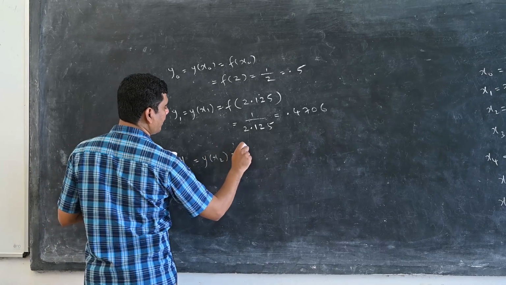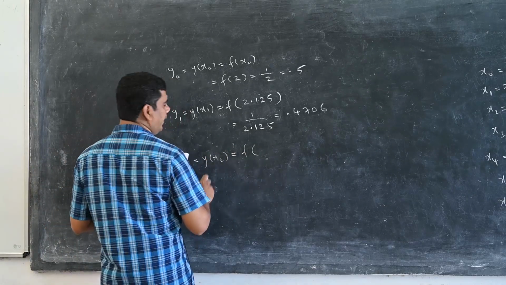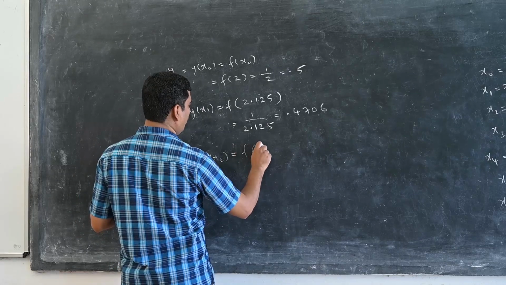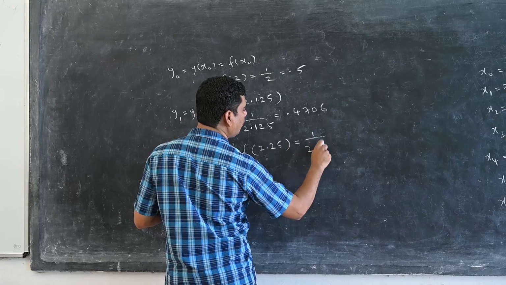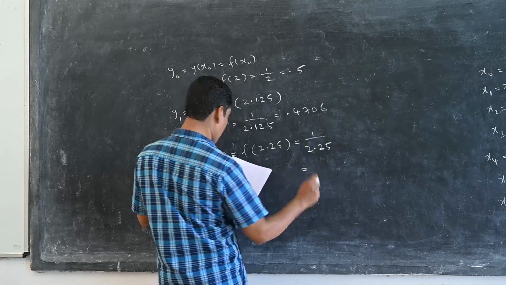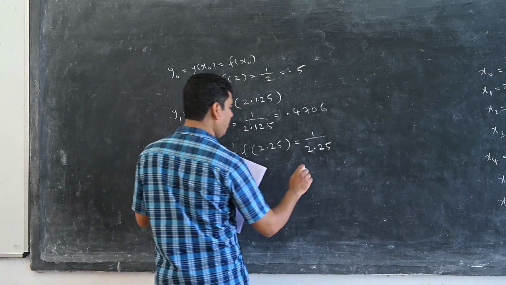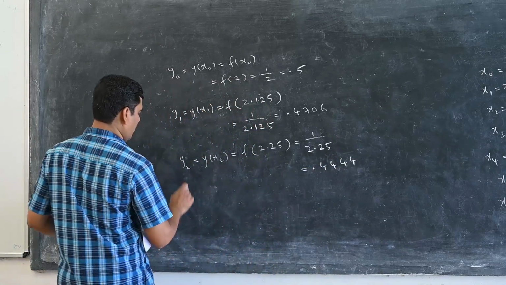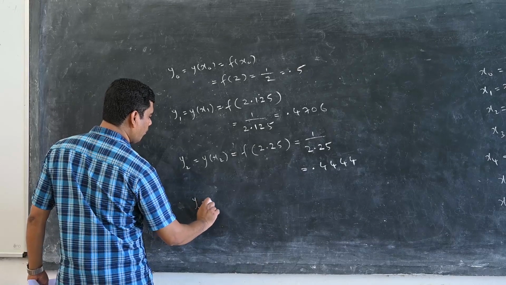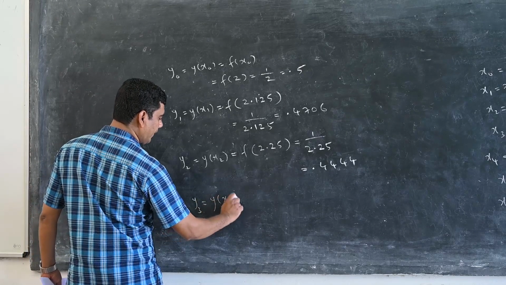It is f of 2.25, which is 1 by 2.25. This is equal to 0.4444. y3 is equal to y of x3.